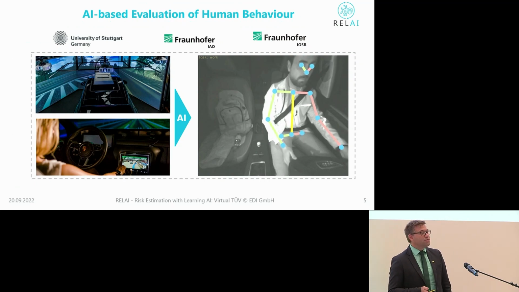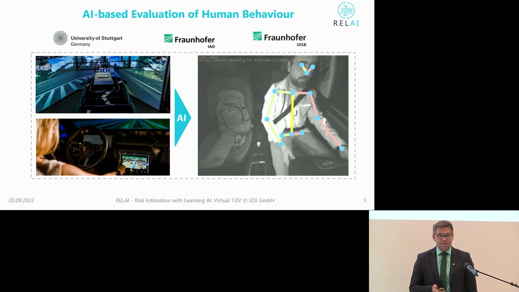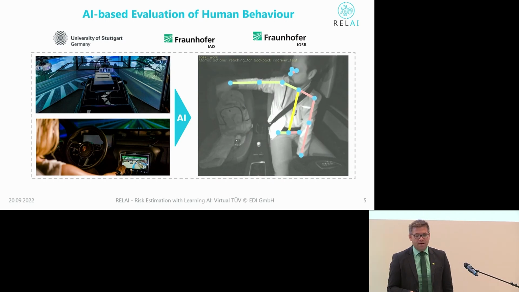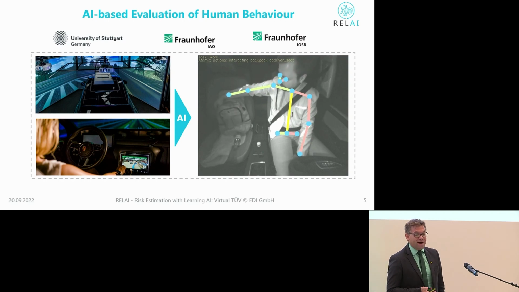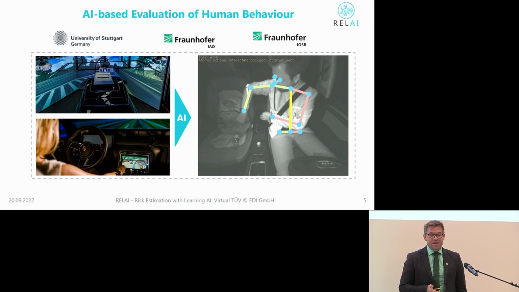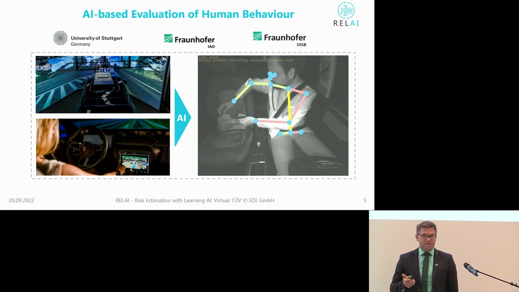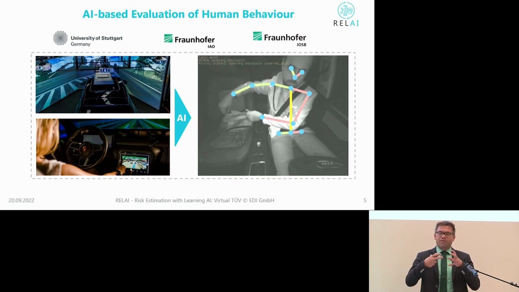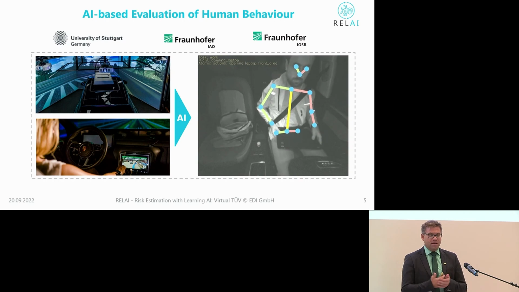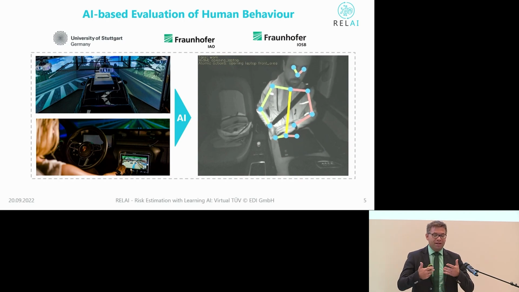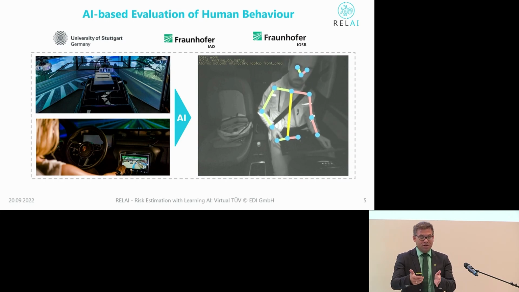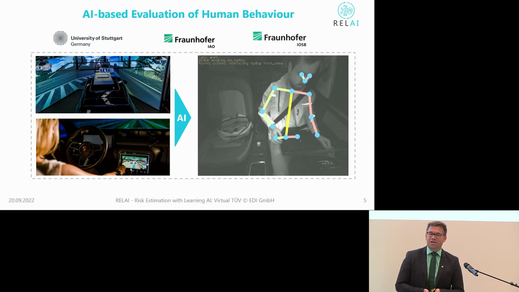I mentioned we are also working together with strong partners. On the right side you can see a driver who does a lot of other things instead of driving. I hope he has an autonomous vehicle, because he is searching for his laptop. The Fraunhofer IOSB uses an algorithm to detect the behavior of this person, and he is not looking at the laptop itself, so there is no object detection of the laptop.